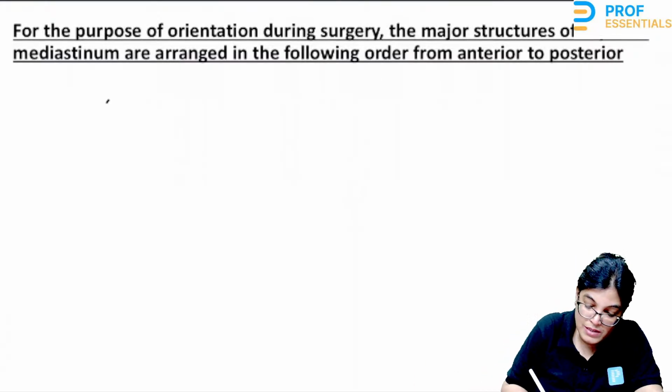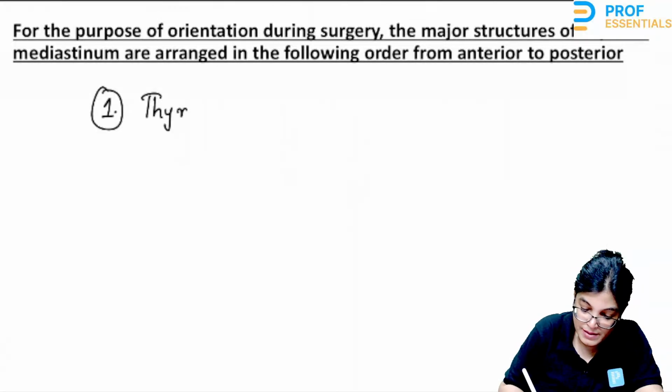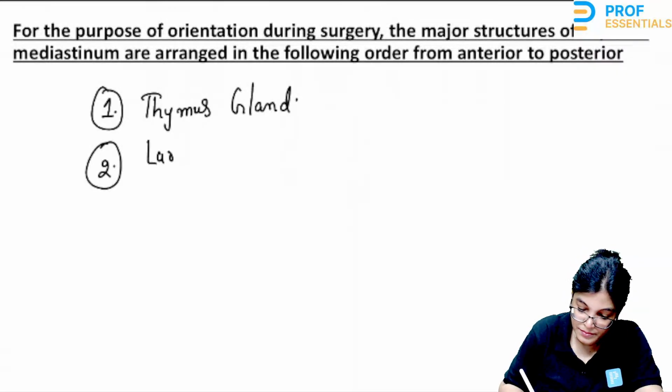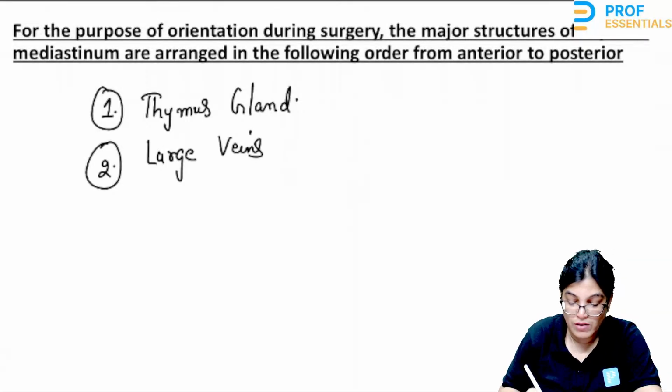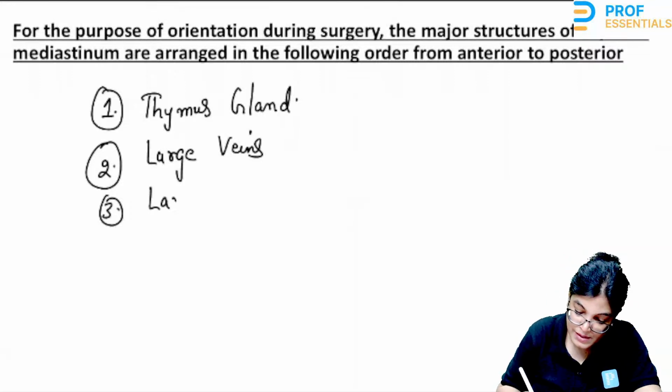So important structures in order will be: most anteriorly we will get the thymus gland. Then we will get the large veins, and after that we will have the large arteries.